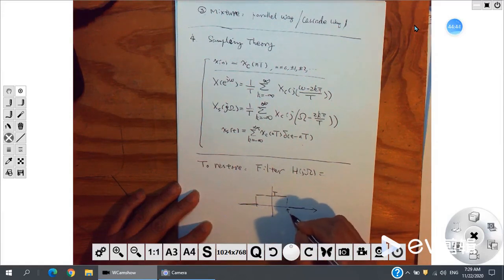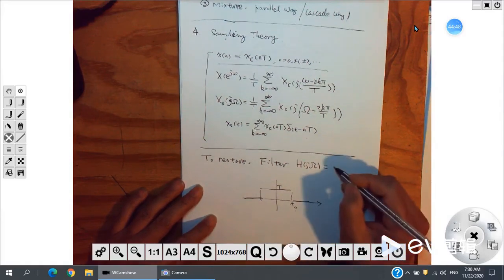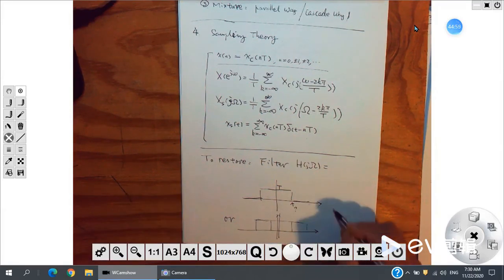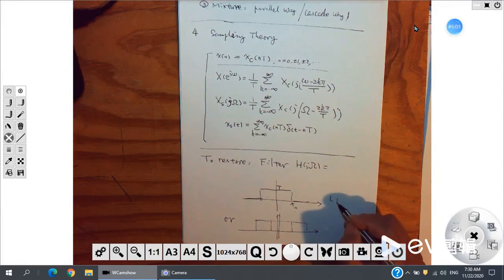Now how to determine these? Something like this, like this. This is a low pass filter. This is a band pass filter.